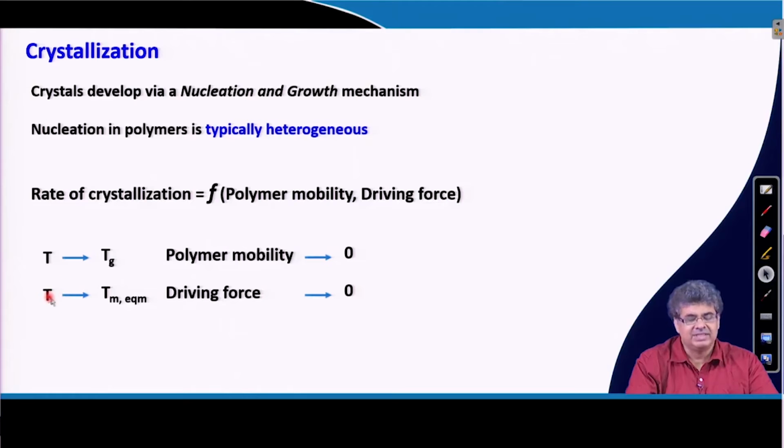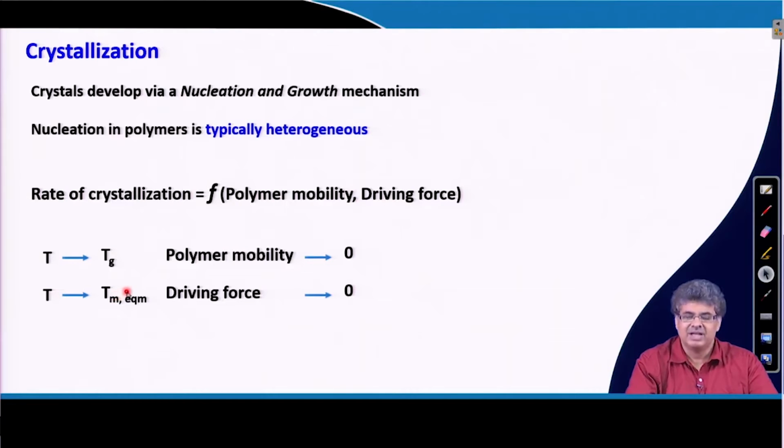But if we decrease the temperature below the equilibrium melting point, then obviously the tendency to crystallize will be much higher. Hence, increasing the temperature above Tg helps crystallization, and decreasing the temperature below Tm also helps crystallization.